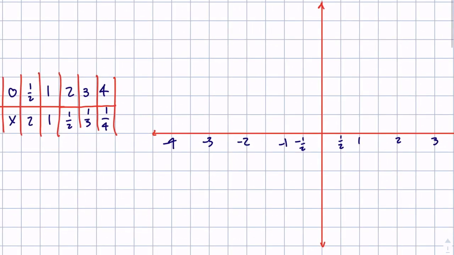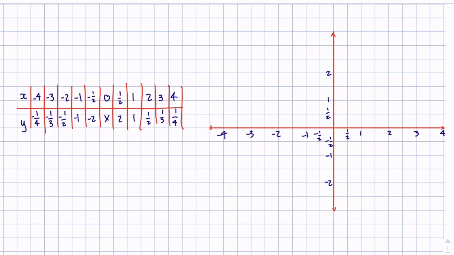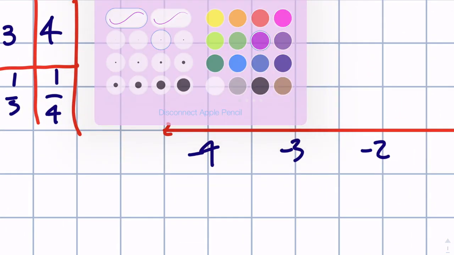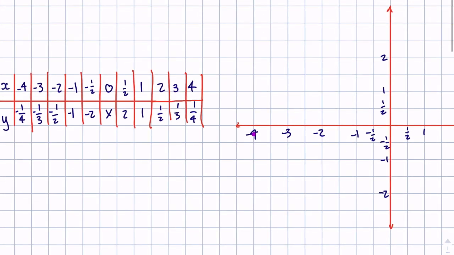Okay. So when x is -4, y is -1/4. I'm going to do this in another color. When x is -3, y is -1/3, which would be like there. Then I've got -1/2, then I've got -1, and then I've got -2.